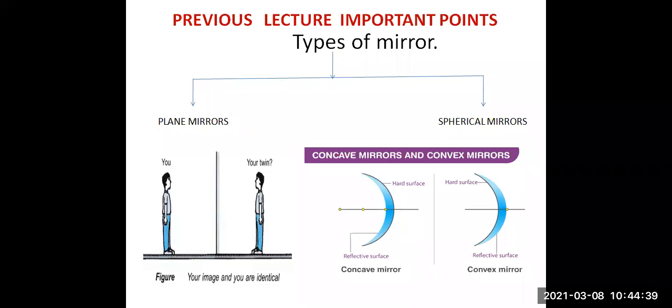The shaded region tells us which type of mirror it is, concave or convex. Now, by merely seeing these mirrors, you should be able to visualize all the examples of these mirrors.